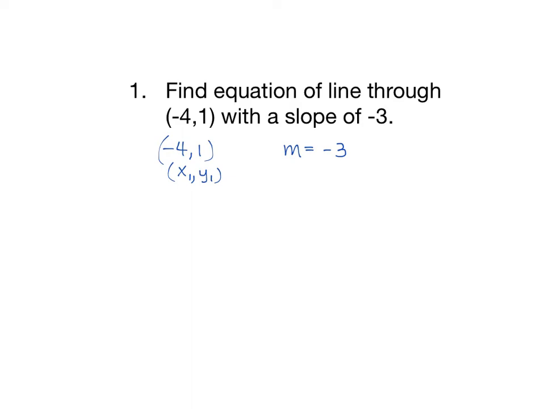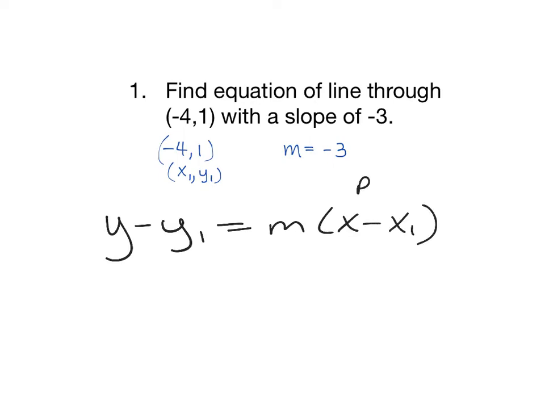Now, if it asks you for point-slope, then we're going to use this formula, y minus y1 equals m times (x minus x1). So this is the point-slope form that you memorize. If it asks you to write an equation in point-slope, all I'm going to do is replace x1, y1, and the slope. So the y stays.